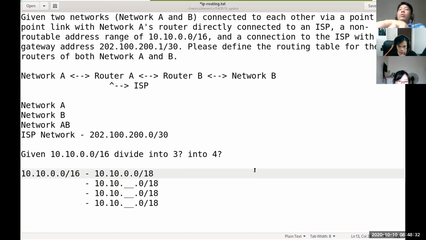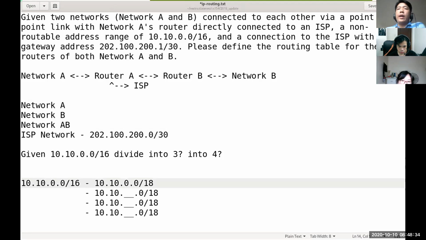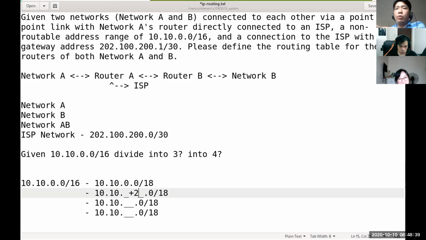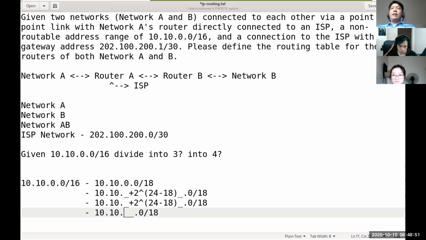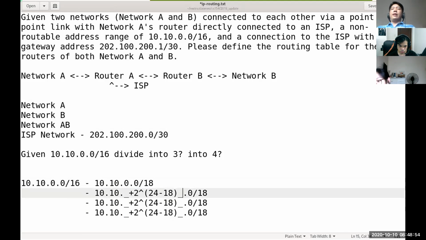So that is 2. Let's put it here to visualize. I have to add 2 to the power of byte boundary max minus 18. Right? So I have to add that in every step. So that's how I subnet, right?